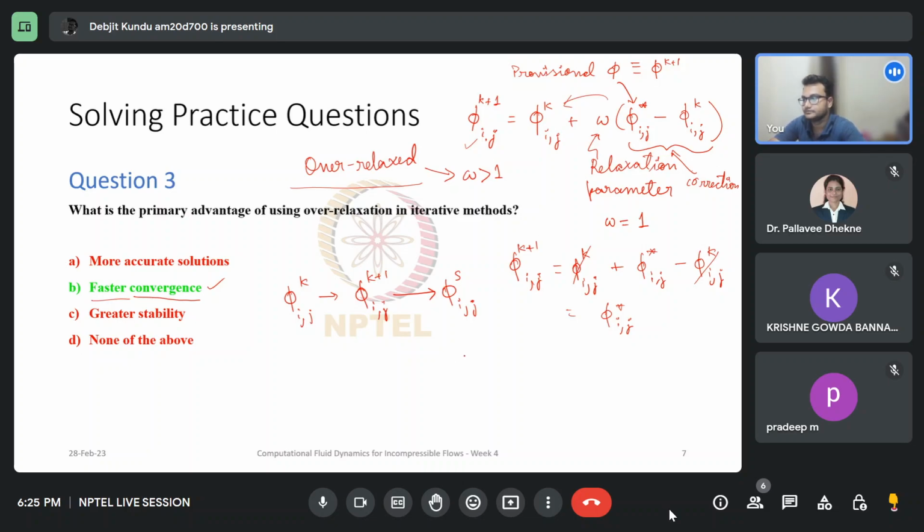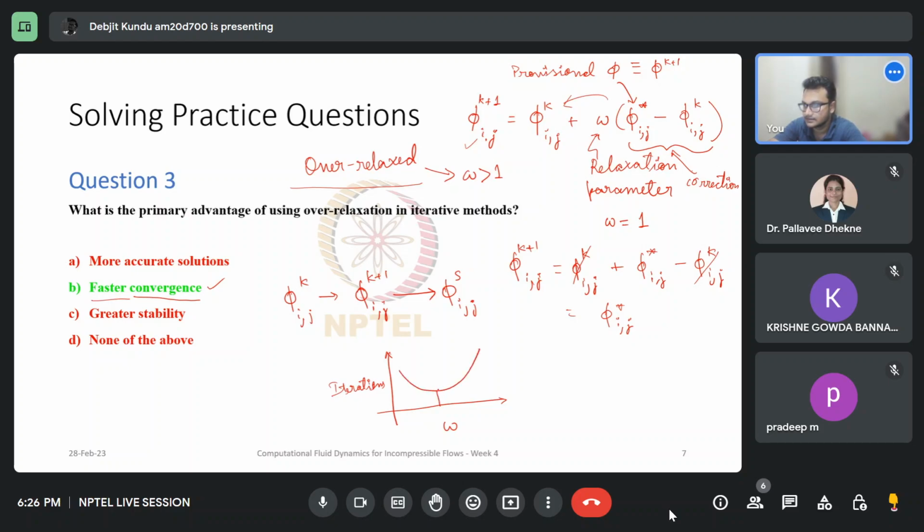Now, does it mean that I can keep on increasing this omega indefinitely and get faster and faster solutions? That's not true. There is usually an optimum value of omega. If I take the relaxation parameter on the x-axis, and on the y-axis I take the number of iterations to solution, then we usually get a curve something like this.